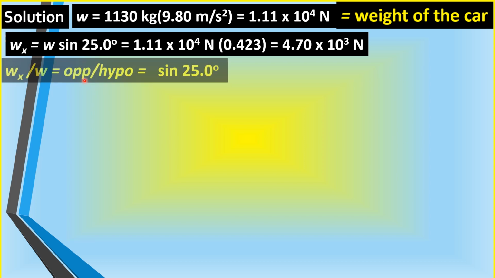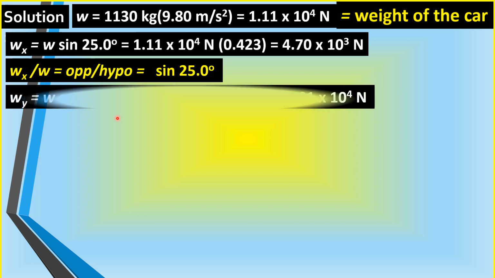So Wx in that diagram is not the adjacent side to that angle. In fact, it was the opposite. So when you divide Wx over W, you are actually dividing the opposite side over the hypotenuse, and that requires using the sine of the angle. So there was nothing wrong in this solution.